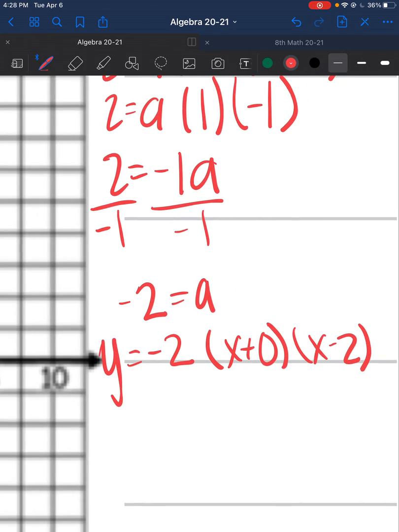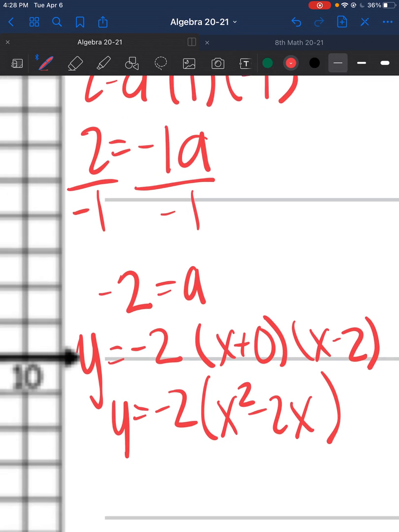Now I'm going to simplify by multiplying. I'm going to multiply the two factors first, and then I'll multiply by my coefficient. So first terms, x squared, outside terms is minus 2x, times 0, that's plus 0, and last term also 0, so I'm not going to write any more of that.